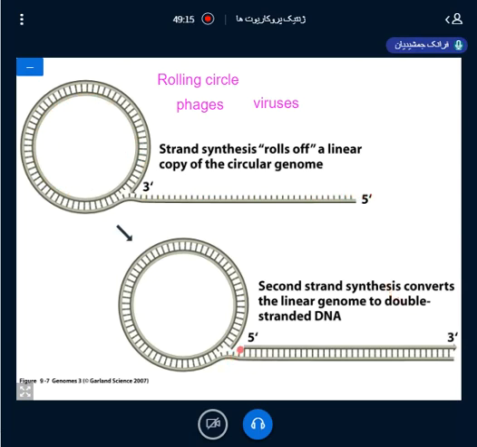After that, I told you it becomes double strand. After the double strand, what happens? It will break in different parts and become circular. Okay. Is it clear?